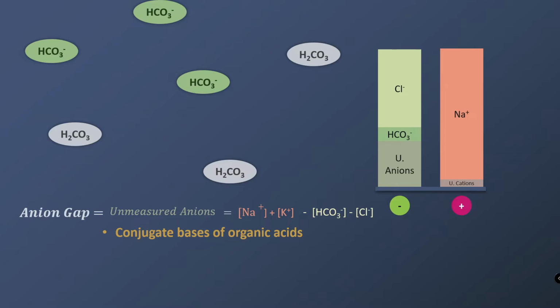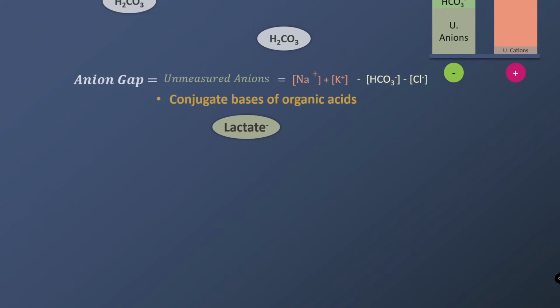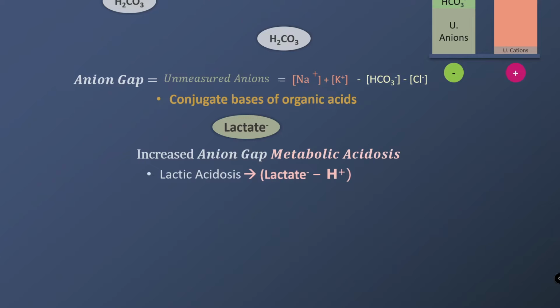And because of this, this type of metabolic acidosis due to lactate or due to any conjugate base of organic acid is called increased anion gap metabolic acidosis. Clear? So one of the causes is lactic acidosis, in which lactate is the unmeasured anion and proton will decrease bicarbonate.